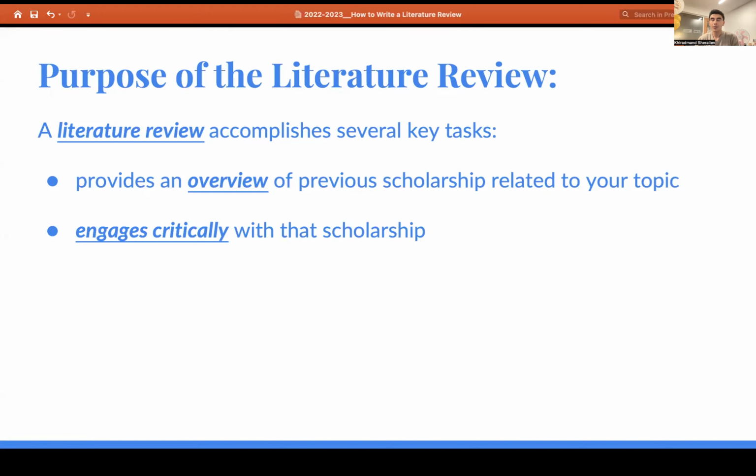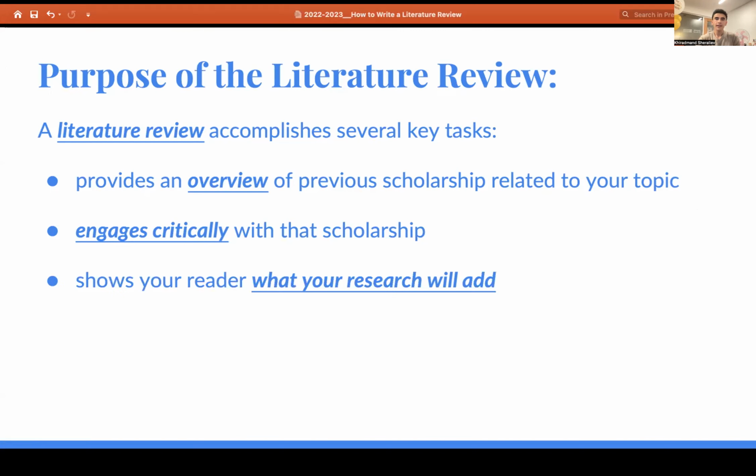Findings about your topic, but you critically engage, you evaluate these sources. And then, as was mentioned before, gap, right? So you identify the gap in the research, and the literature review shows your reader what your research will add to this gap, right? So how your research will contribute to the particular topic.